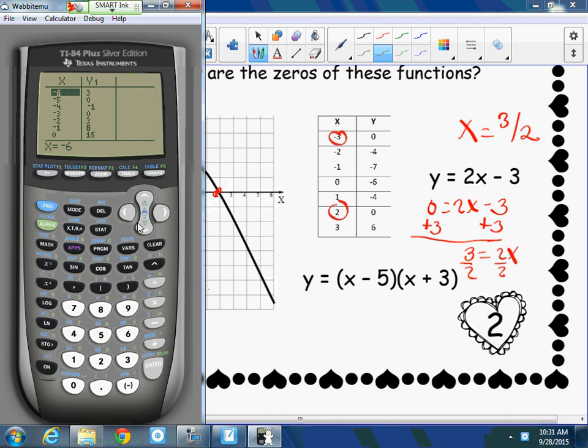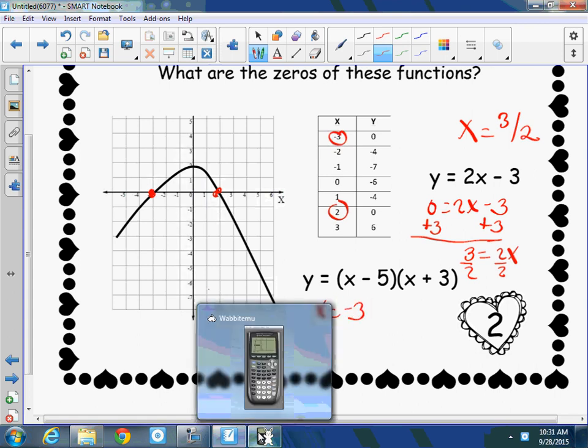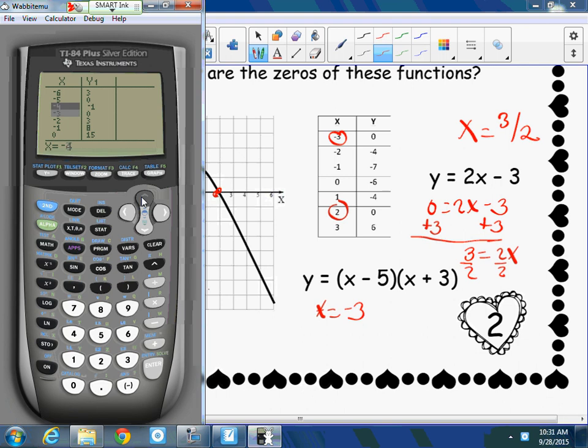So, oh, there's one right there, where y equals 0. So it would be x equals -3. Let me go up and see if I can find the other one. Nope. So I need to go down. There it is. Oh, it's right there. I'm sorry, I didn't see it. -3 and -6.